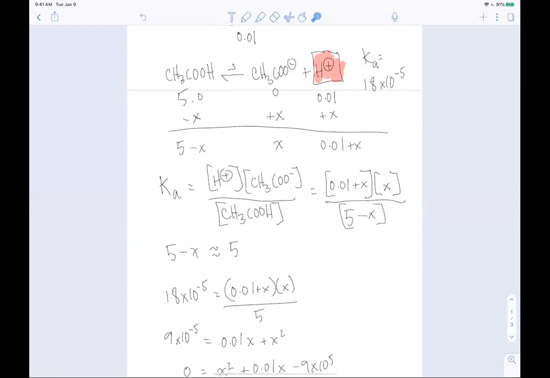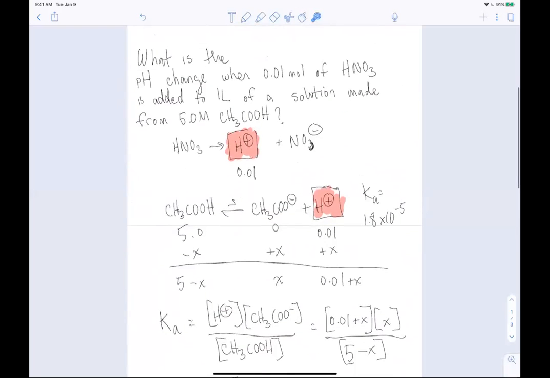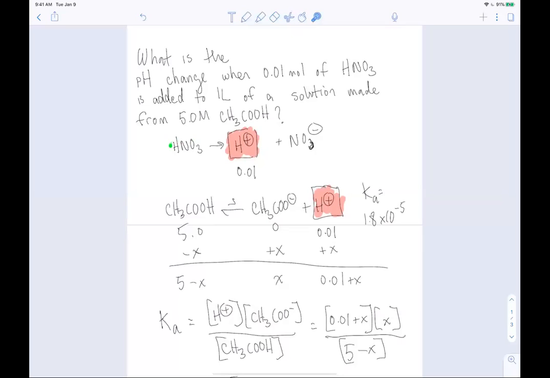We went through this calculation where we've got nitric acid, that dissociates and gives you 0.01 molar H plus, and then we want to solve for what our proton concentration is in this equilibrium reaction with acetic acid. So we plug in the value for nitric acid and what we started with for acetic acid, and we come out with some algebraic expression down here.